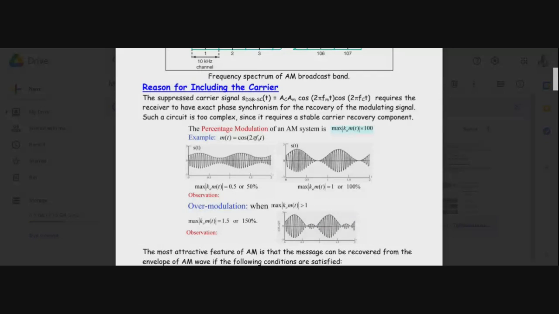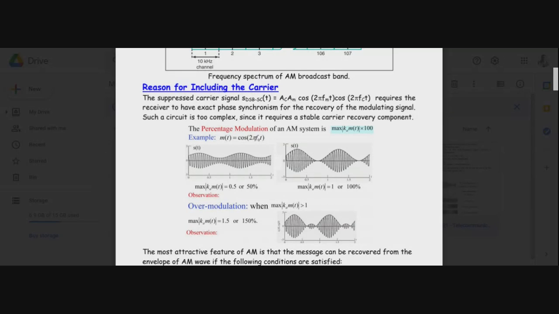The one I just described is said to have an amplitude modulation index of 0.5. In other words, you're only putting about 50% of the carrier frequency.